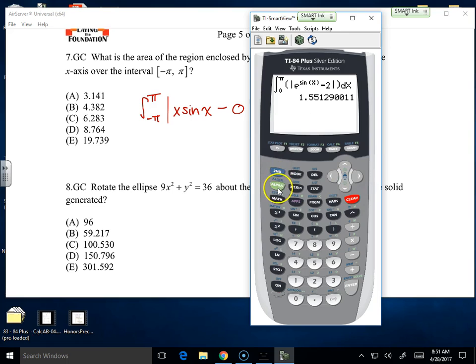We can go to math, number 9. If you remember, there is an alpha y equals shortcut for these. Where's the integral? Oh, there he is. Number 4, but that's just if it's shorter. We have our negative pi to pi. We could use some even symmetry and go between 0 and pi and double it, but we'll do it the old school way.